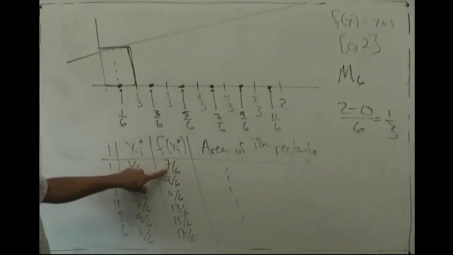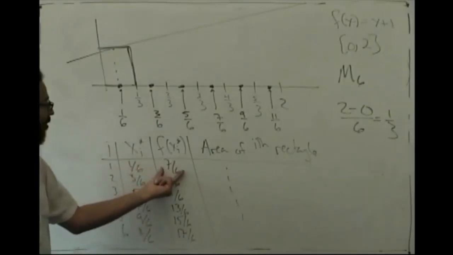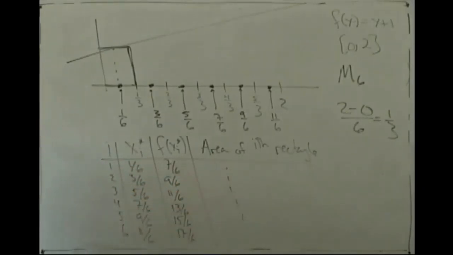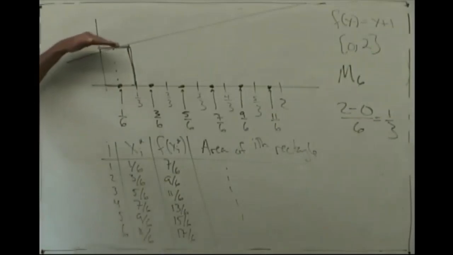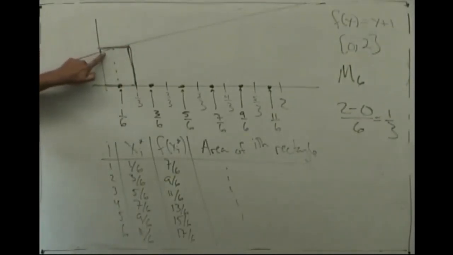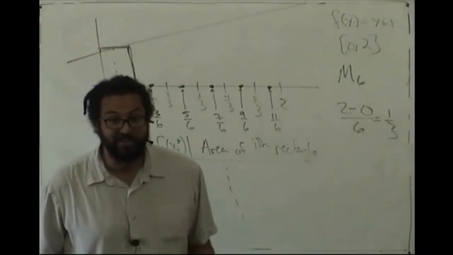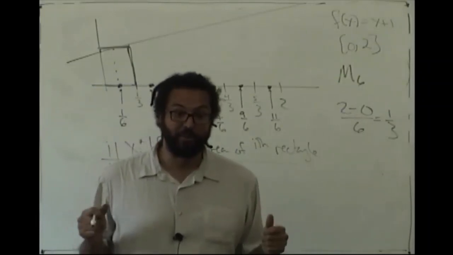And now the area of the first rectangle is 7/6 times 1/3, just like we've done a bunch of times. And as you can see, the function is a little bit below the height of this rectangle and a little bit above. So this approximation should be better than both of the previous ones.